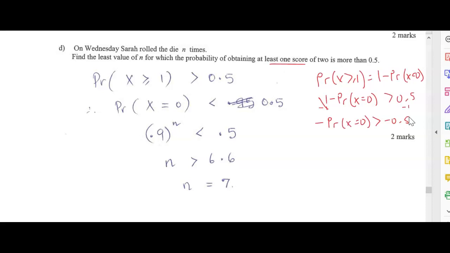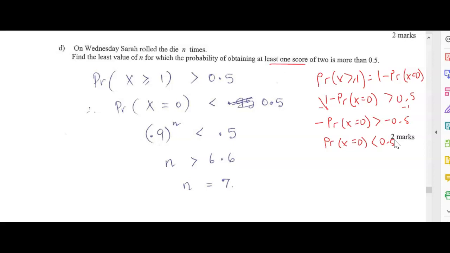And now if I multiply through by a negative, I do have to switch my inequality sign. So we're going to have the probability that X is equal to 0 is now less than 0.5. So that's why the inequality sign has switched direction.